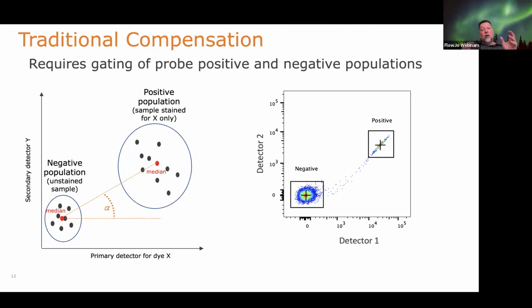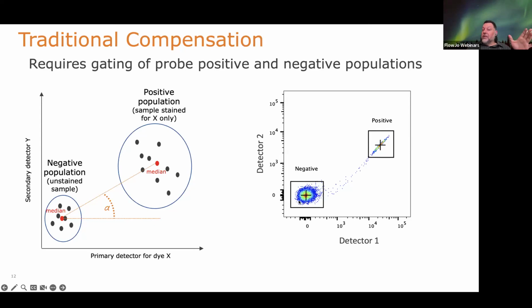Traditional compensation is all about defining the right positives and negatives. We're going to draw a gate around a subset of cells that is stained with a fluorescent probe, and a gate that is on the negatives that are not stained with a fluorescent probe. And then we're going to calculate a slope, and we're going to calculate a spillover coefficient that removes the contribution of this dye into all secondary detectors one at a time, right?